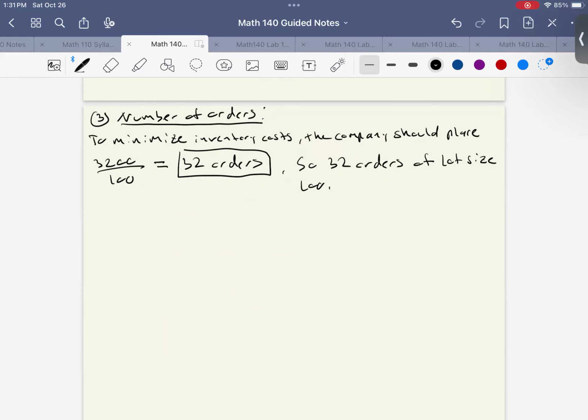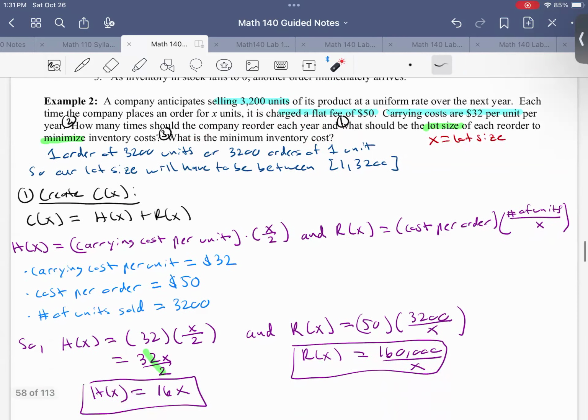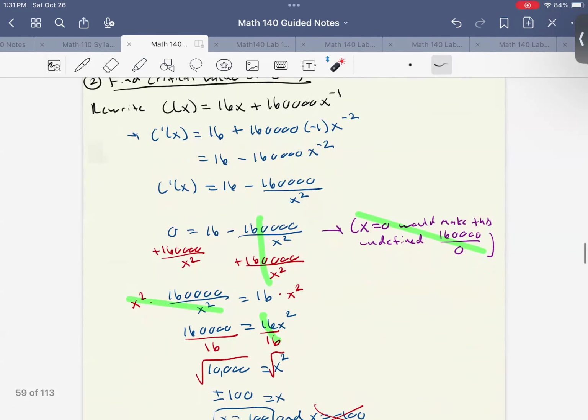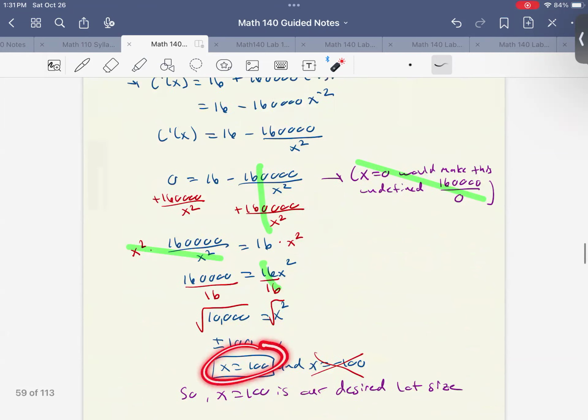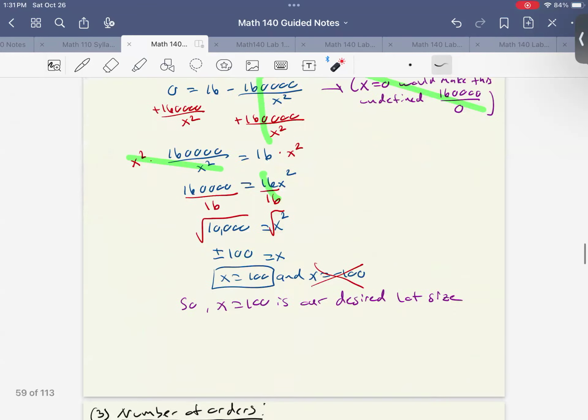So now the last question is coming back up here. What is the minimum inventory cost? So to get the minimum inventory cost, what we're going to do now, right, kind of that works with minimums and maximums, we're going to take this critical value 100, our lot size, and plug it back into the original inventory cost to get that minimum inventory cost value, dollar value.